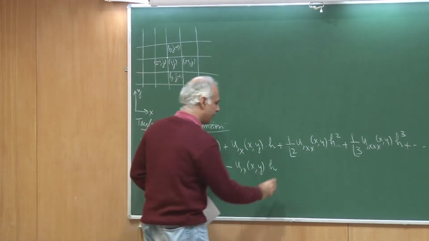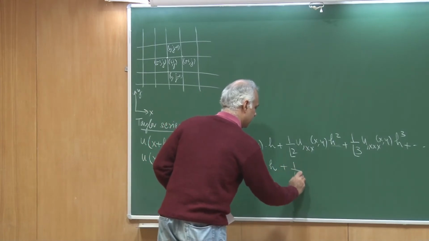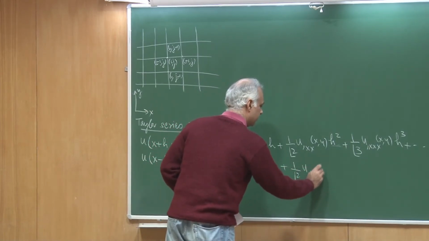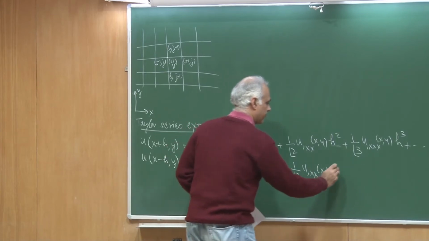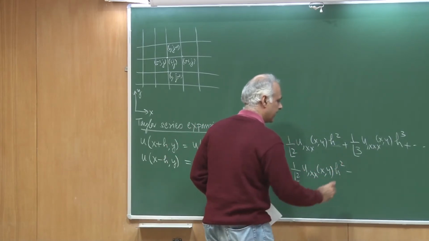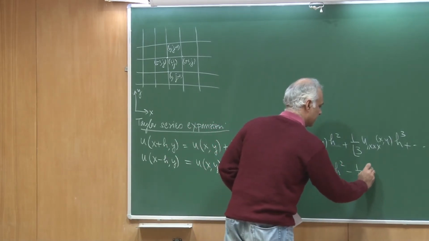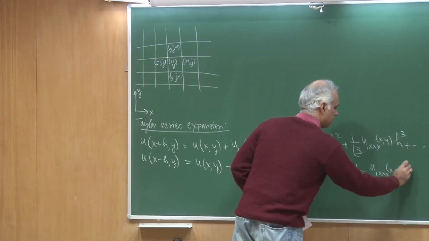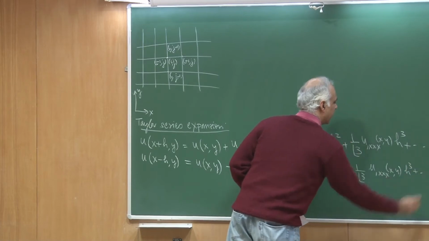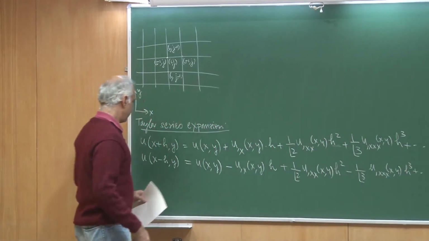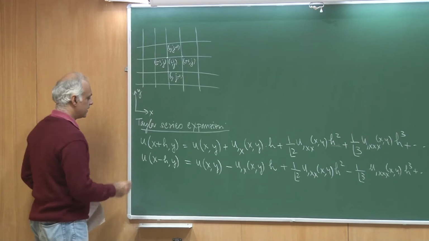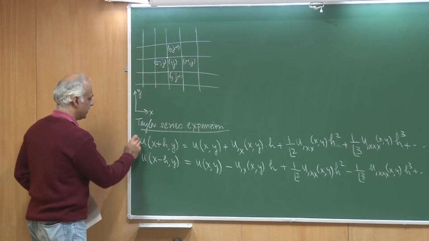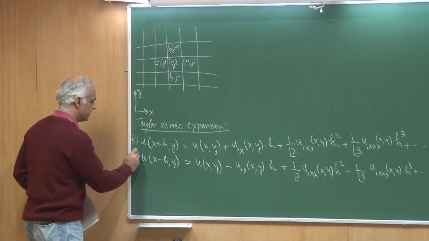So that is what I have in mind. And again a negative sign here. And higher order terms. So let me call this as my equation C and this as D.